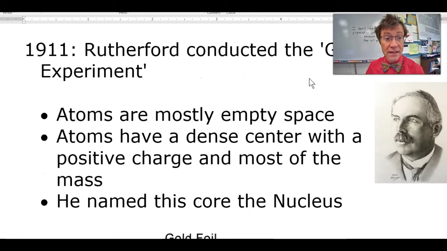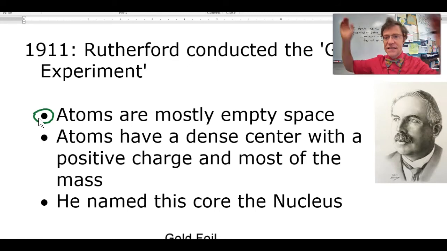What they were able to prove and demonstrate is that atoms are mostly empty space. The vast volume of an atom is absolute nothingness. It's not like it's air, because air is made out of atoms. The stuff inside of an atom is nothingness. However, there is a dense center, and the word dense doesn't even come close.